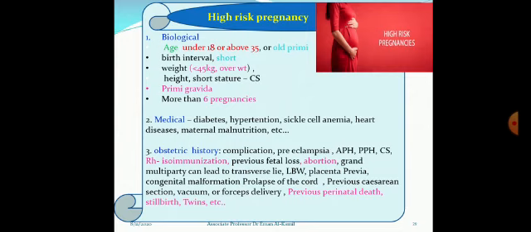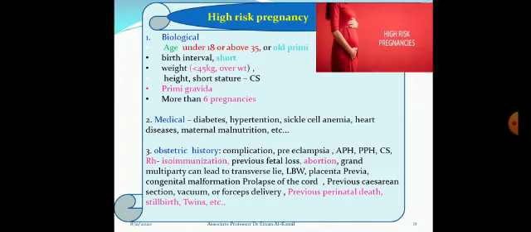If the mother is short, she is more likely to have a cesarean section. Primigravida, the first pregnancy, is also liable to many complications, or when the mother has more than 6 pregnancies, what is called grand multigravida, more than 6 children, she is also liable to have many complications.